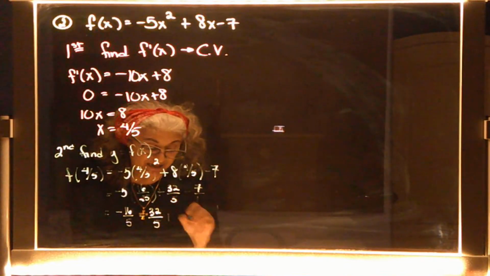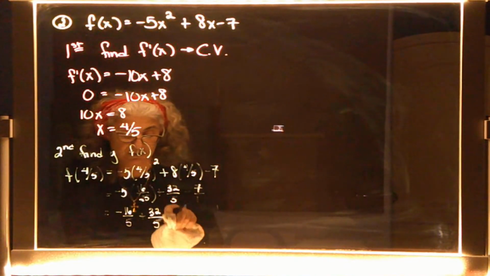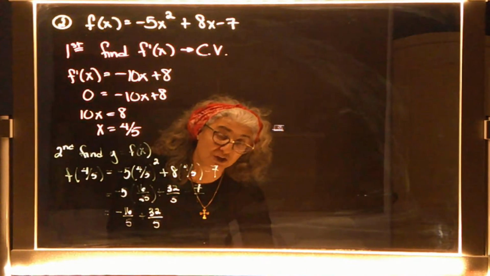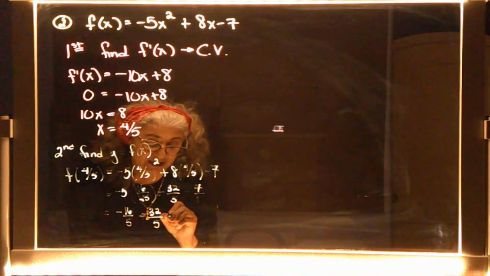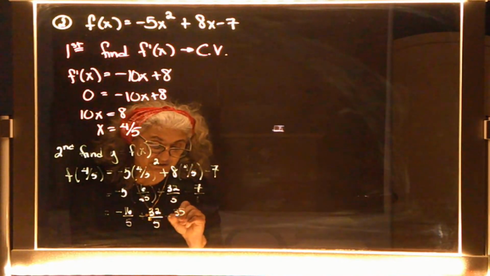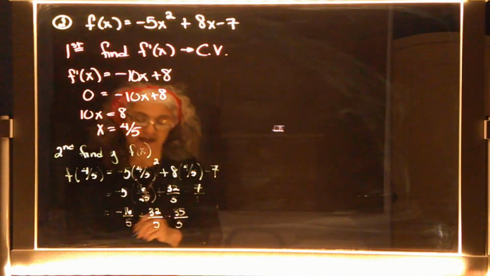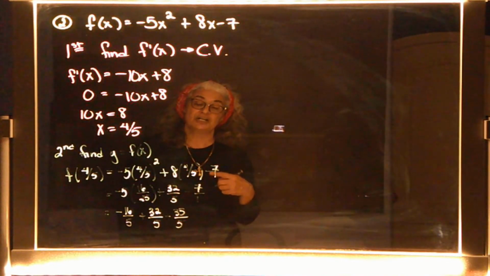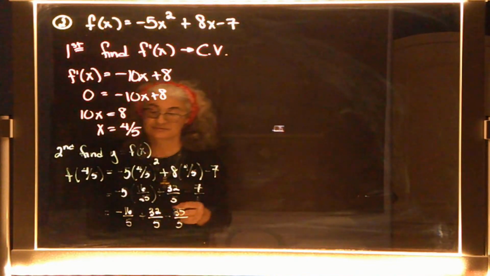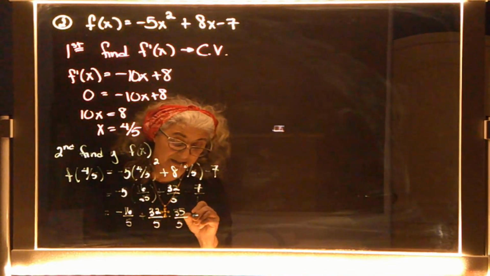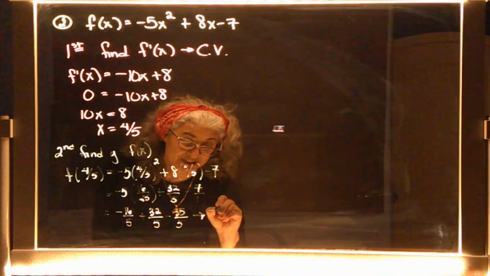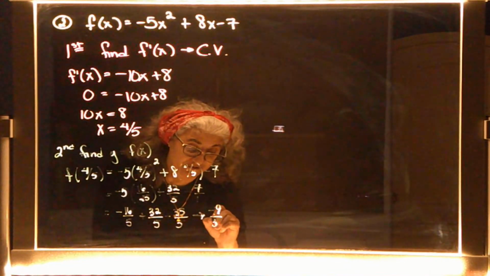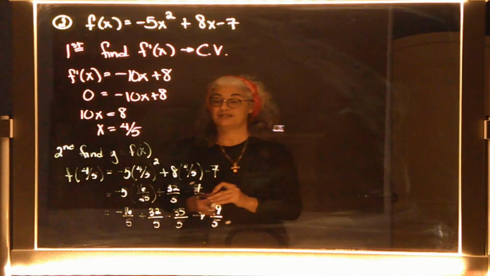Make that 7 into a fraction that also has a denominator of 5. So that's negative 35 over 5. Excellent. And so, when you work this all out, I don't know about you, but I get negative 19 over 5. Do you agree?